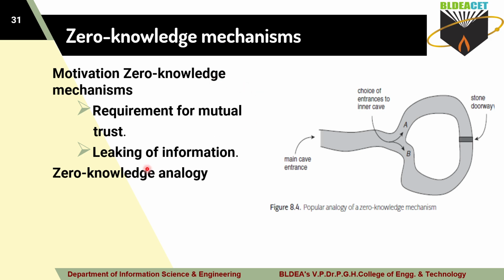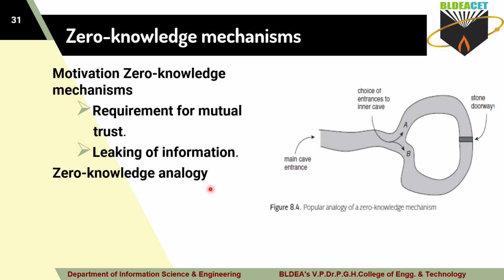This is one analogy for the zero knowledge mechanism. This is the example. Assume the main cave entrance: this is one cave and you want to enter this cave here. Whenever you enter, you don't know that there are two splits or two paths to enter the further path here. So here you are using one more third party. One more person is required to prove that authentication.